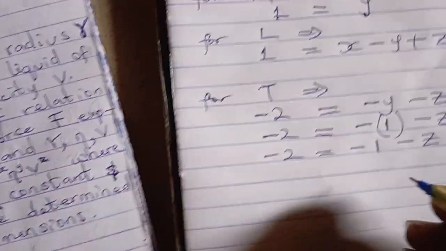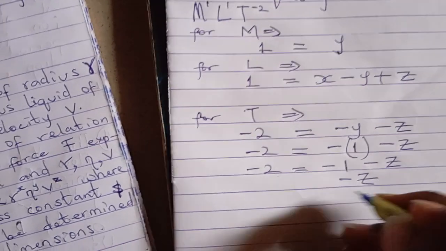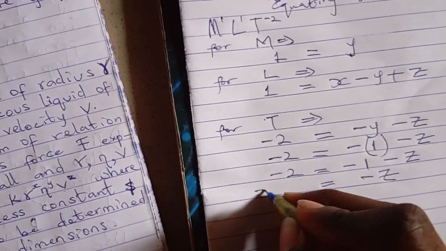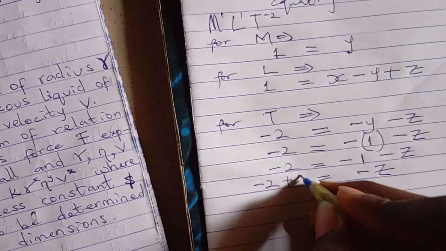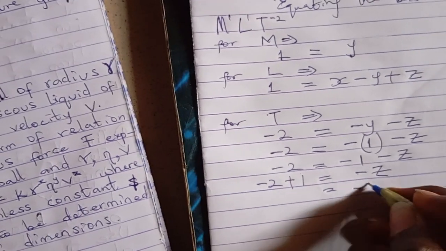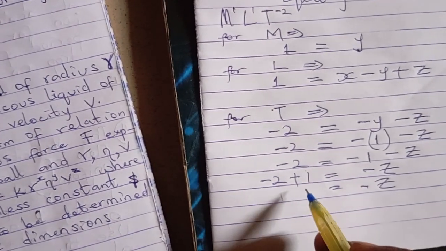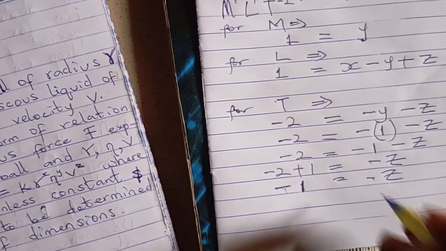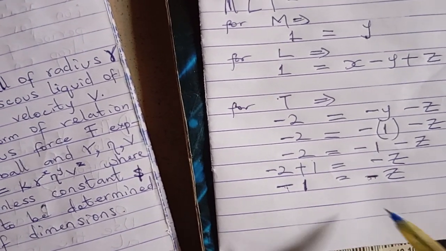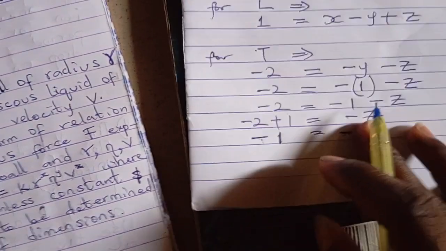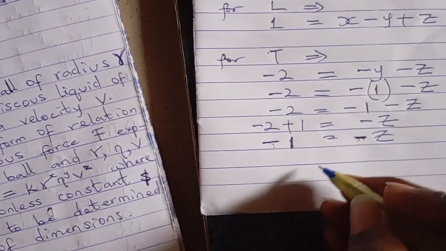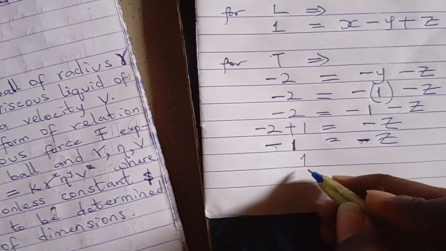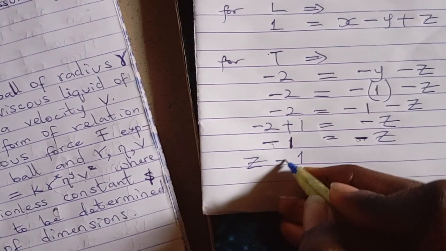If this crosses the equality sign, I will now have minus z on this side equals minus 2 plus 1. Minus 2 plus 1 is the same thing as minus 1. Now notice this side has minus, this side has minus. I can divide both sides by minus 1, or you see when minus crosses the equality sign it becomes plus 1. So z equals 1.